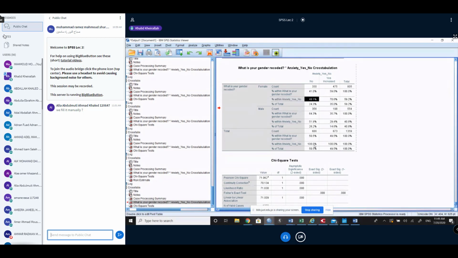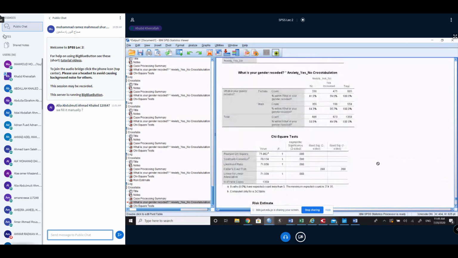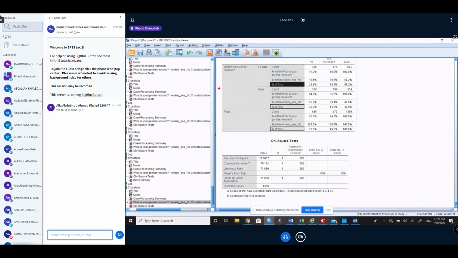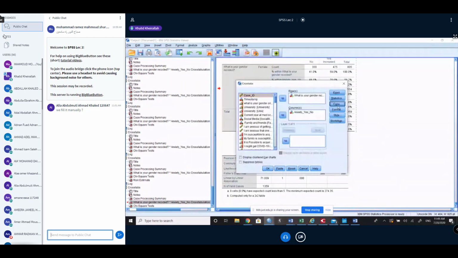So this is the 100%. And this is the percentage out of the total. Out of the total is, you have four numbers, you divide each by the total number. If we go up here, just give me a second, let me remove the cells.